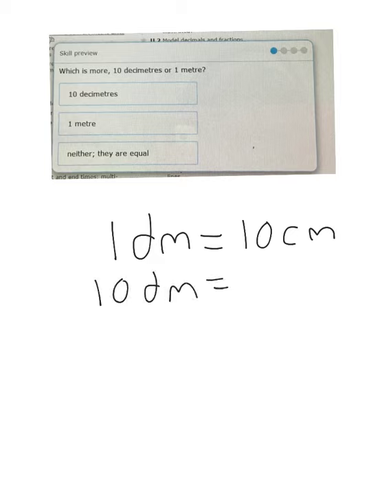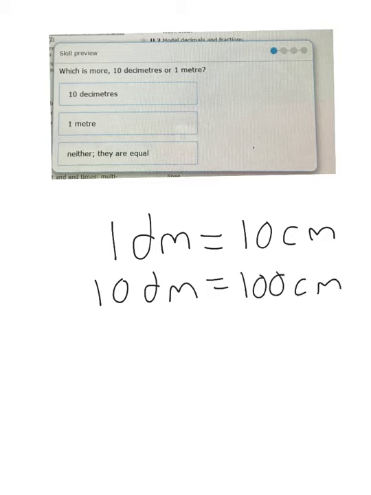It says, which is more, 10 decimeters or 1 meter? And we haven't actually compared those together exactly. So let's sort of work through what we already know. So we've said that 1 decimeter equals 10 centimeters. If that's the case, 10 decimeters must therefore be, we're timesing the 10 by 10, 100 centimeters.